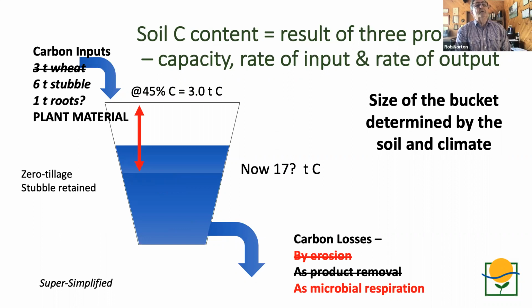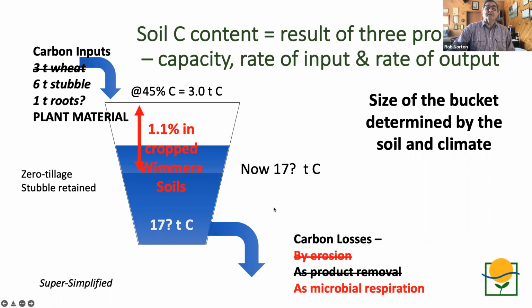But that 6 tonne of stubble and tonne of roots has about 3 tonne of carbon in it, which gets tipped into the bucket. And we'd think that now, if we started off with 14 tonne of carbon, we've now got 17 tonne of carbon. Is that what happens?